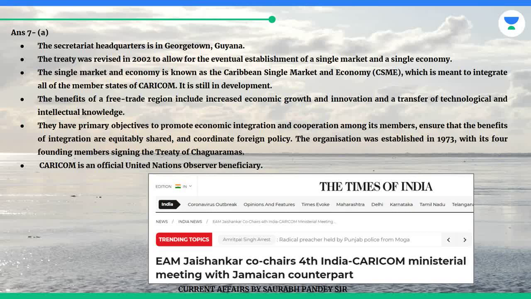Its primary objectives are to promote economic integration and cooperation among its members, ensure that the benefits of integration are equitably shared, and coordinate foreign policy. The organization was established in 1973, with its 4 founding members signing the Treaty of Chaguaramas. CARICOM is an official United Nations observer beneficiary.